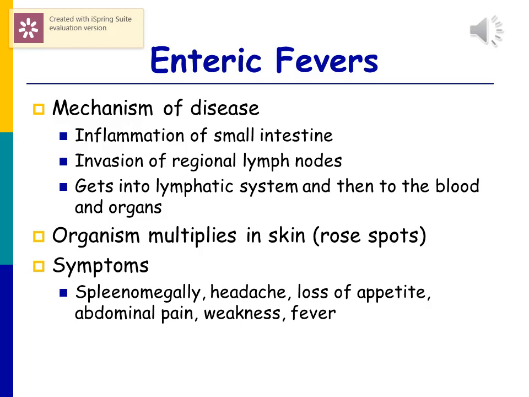You have these rose-colored spots on the skin. Symptoms of enteric fever: enlarged spleen, headache, loss of appetite, abdominal pain, weakness, and fever. So there you have your more systemic symptoms as opposed to your intestinal symptoms.